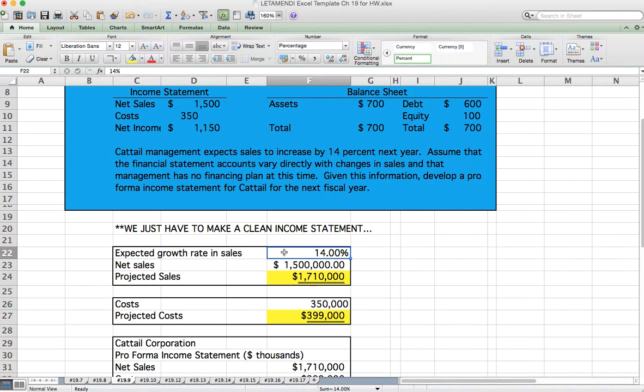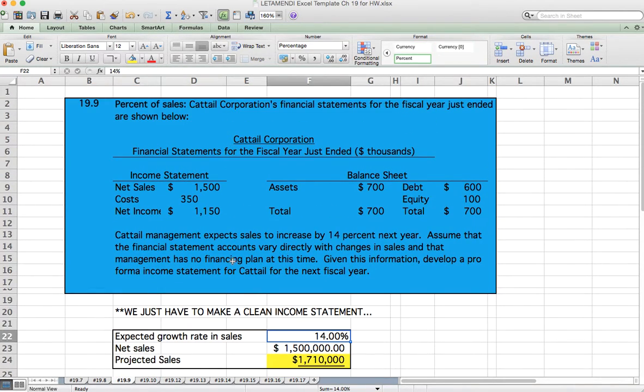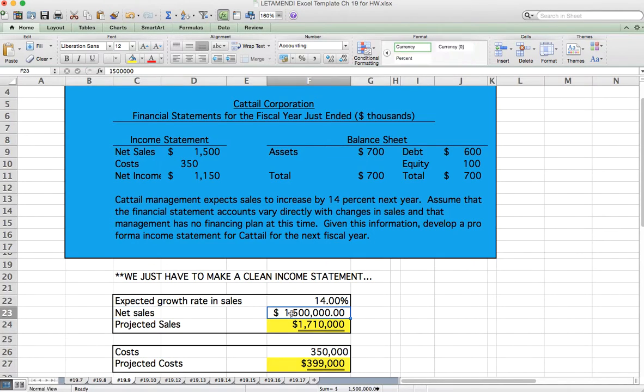Expected growth rate in sales, we have 14%. The net sales, we have 1.5 million, right? And we're getting it from here, because even though it looks like it says 1,500, this is the figure in thousands, all right? So you just add 3 zeros to the end, so it's 1.5 million.